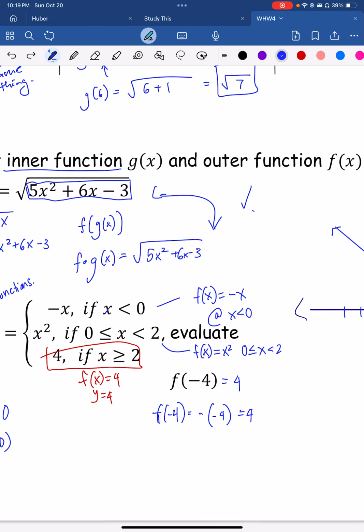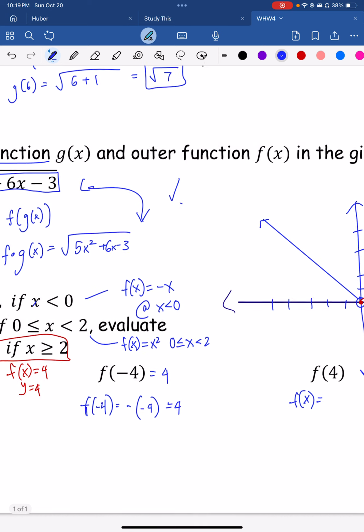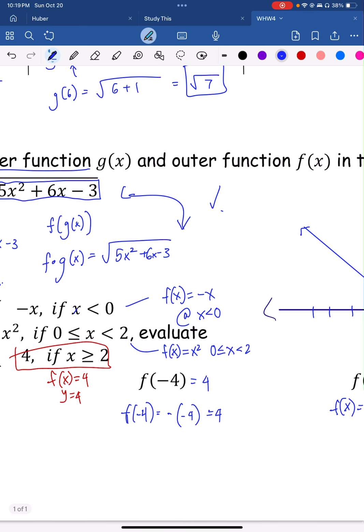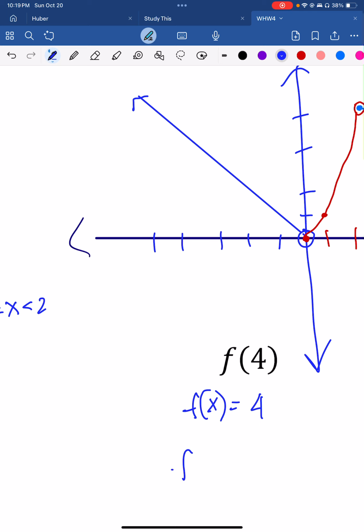And this one's super easy because it's saying that when x is anything greater than or equal to 2, f of x is equal to 4. So f of 4 is equal to 4.